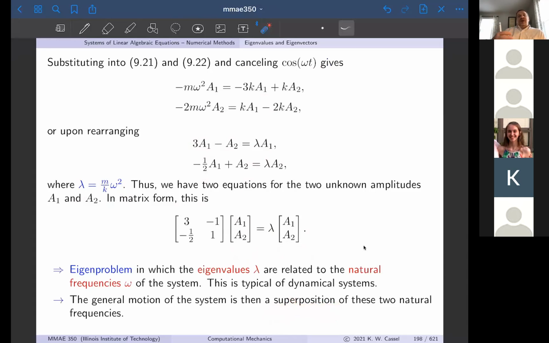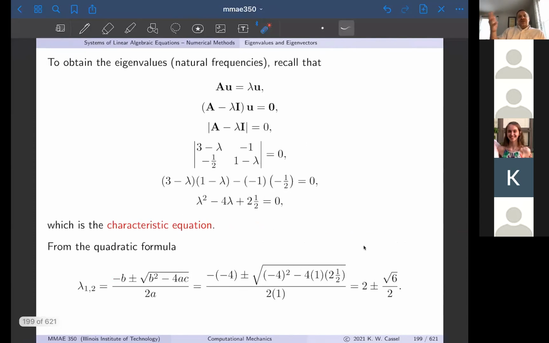So no matter what I do to the system, it's just going to be the sum of mode 1 plus mode 2, wibbly wobbly vibrating back and forth. And that's how the physics and the mathematics go together. Okay, any questions so far? I'll solve this in a second. We'll find the natural frequencies next. But any questions before I do that?